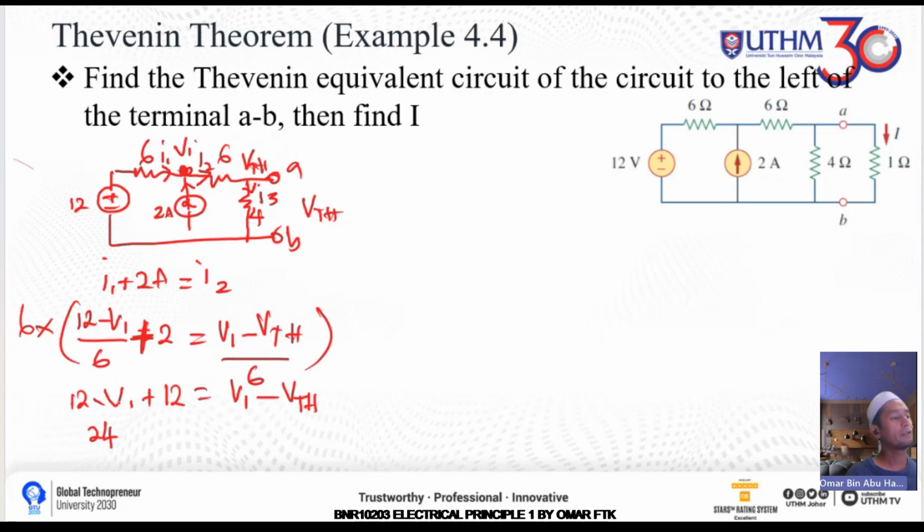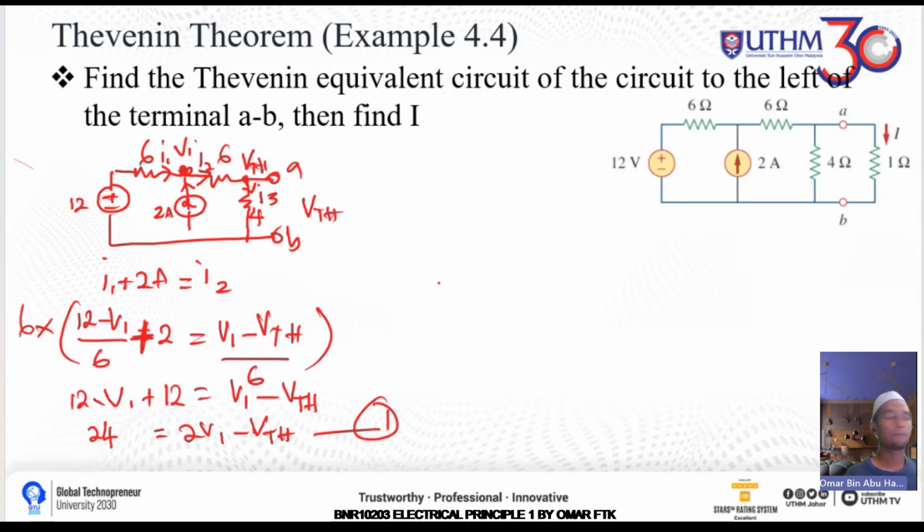Minus V1, if you move it to the other side, it will be 2V1 minus VTH. So this is the first equation. Then you have to do the analysis for the node VTH.